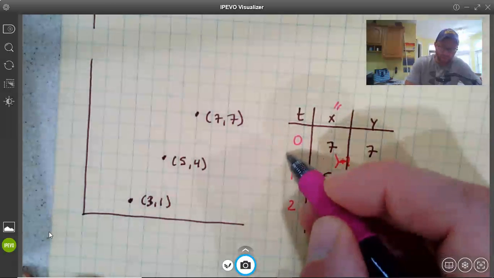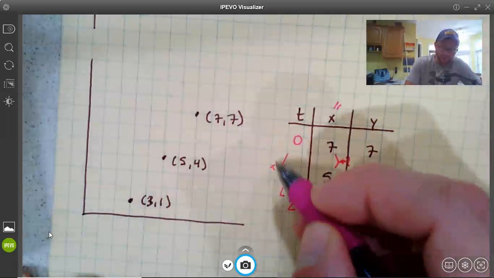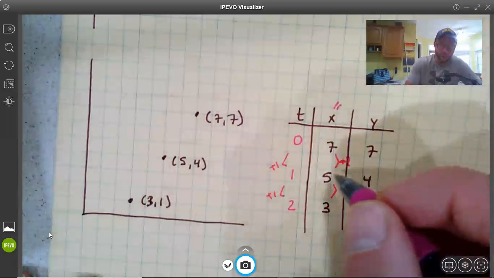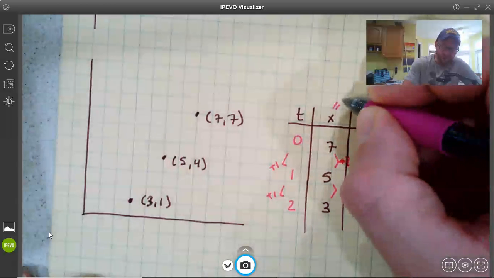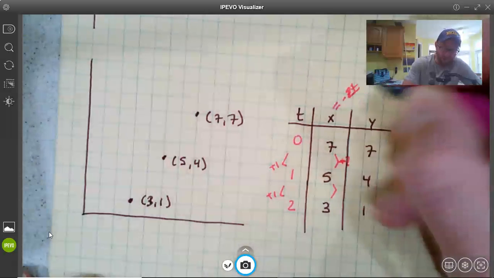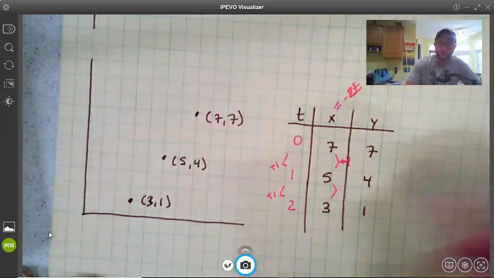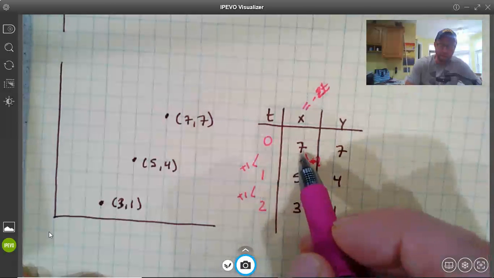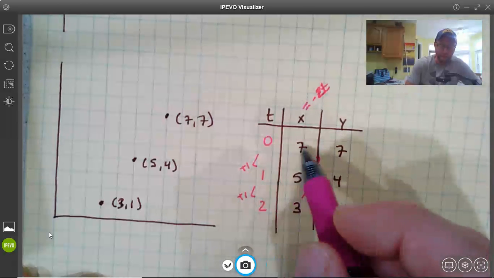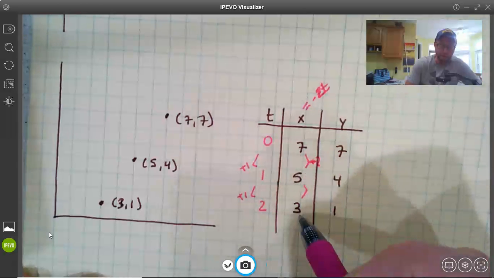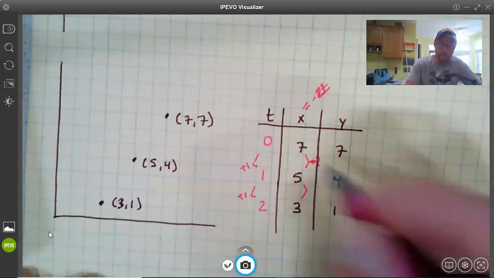And here, our differences are going plus 1 by design. So this is going to be some variation on negative 2t. Our coefficient is going to be negative 2. But negative 2t would give us outputs of 0, negative 2, and negative 4, and I don't want that.